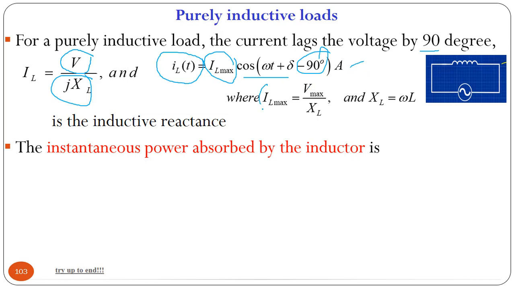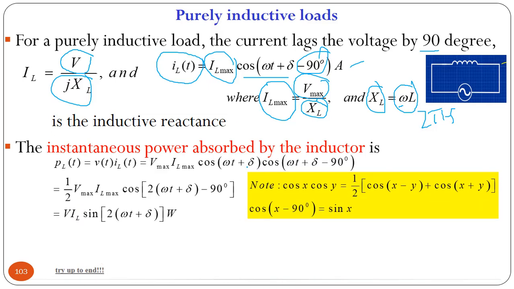Therefore, the maximum current in the inductor is equal to the ratio of the maximum supply voltage over the inductive reactance of the circuit, where the inductive reactance is equal to omega times the inductor value, where omega is equal to 2 pi times the frequency.